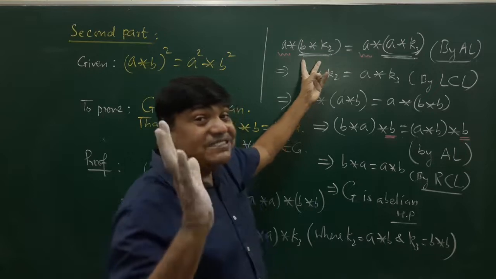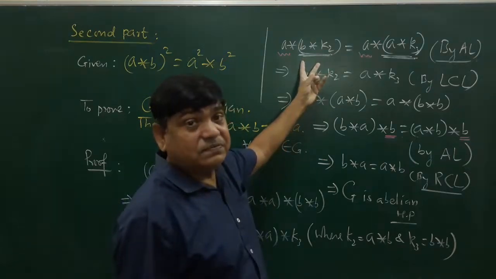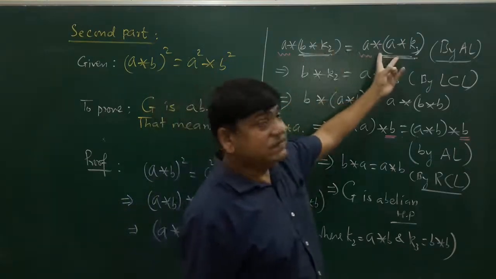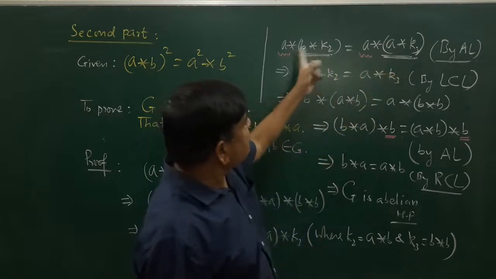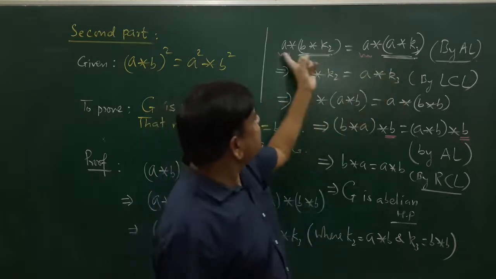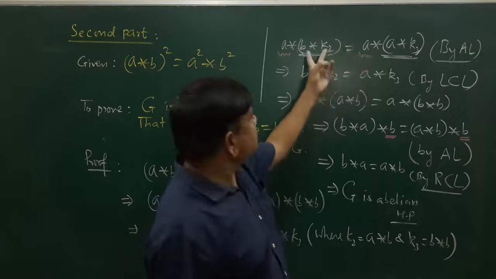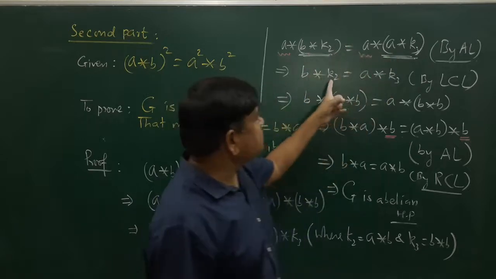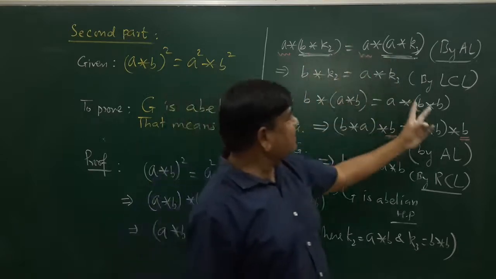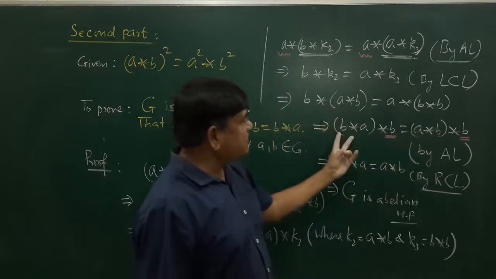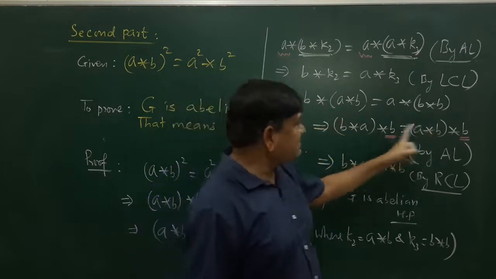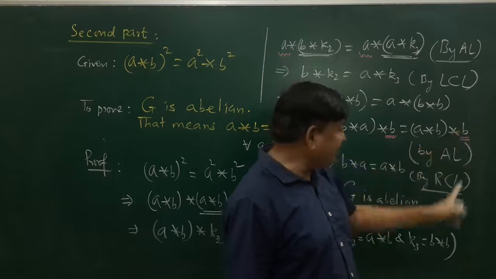Now see the importance of associative law and cancellation law. So here it is, this one. Then again we can apply this and this cancelled out. So this part is left. Then substitute the value of K2, K3 here. Apply the associative law. Now this and this will be cancelled out by right cancellation law.